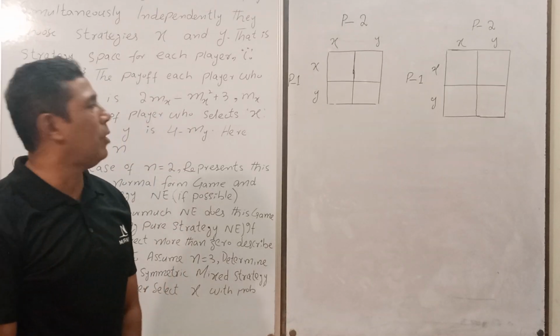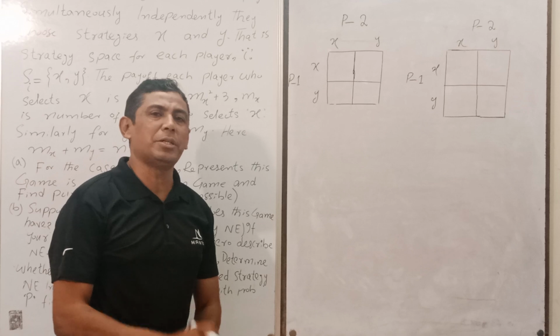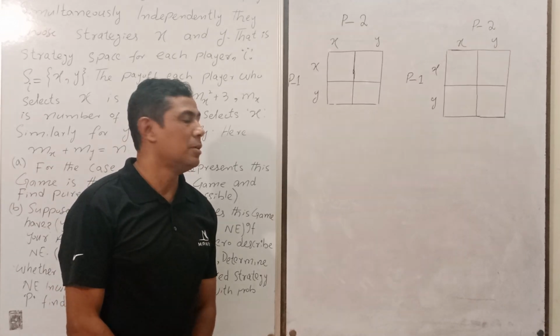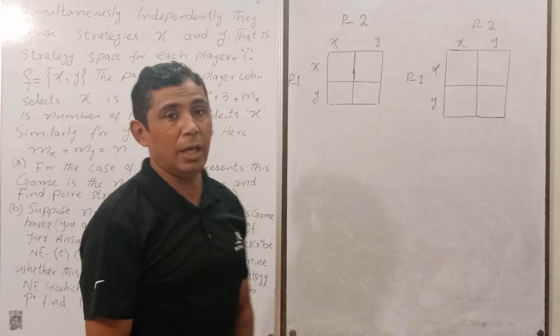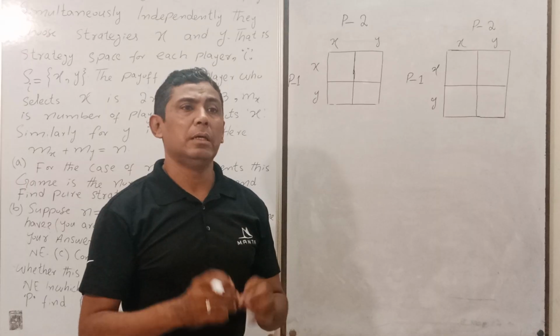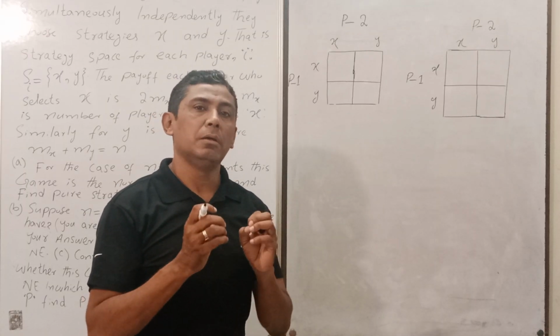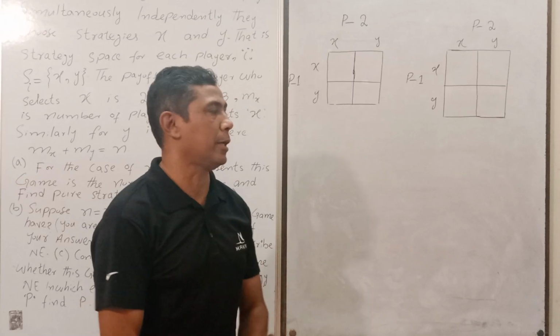Now I think you are confused about where I will point out player 3 in this matrix. It is very important that you have in mind how to find the player 3 payoff in this matrix.